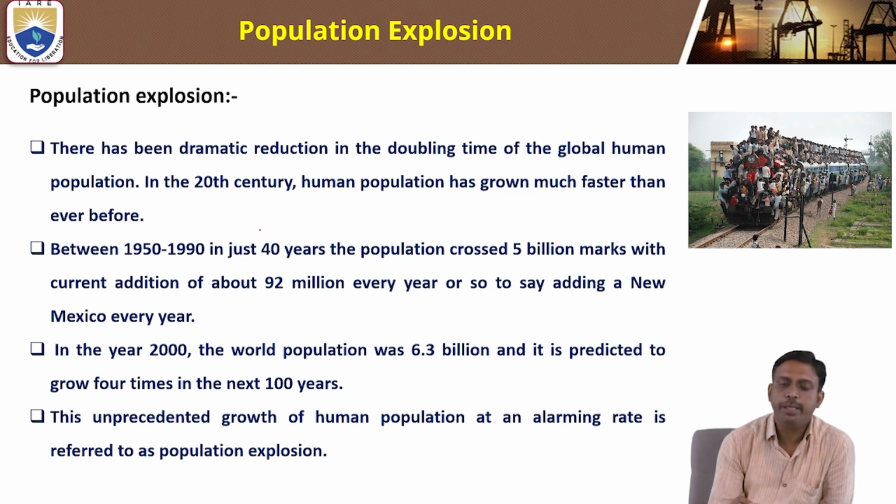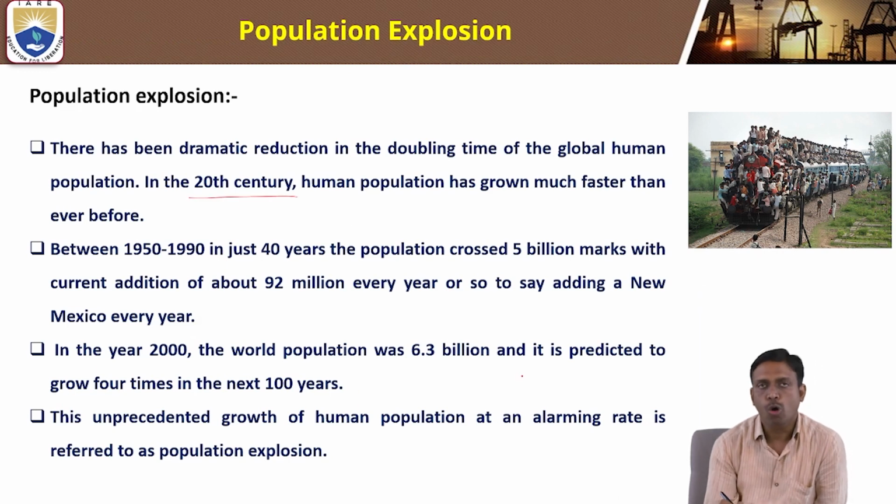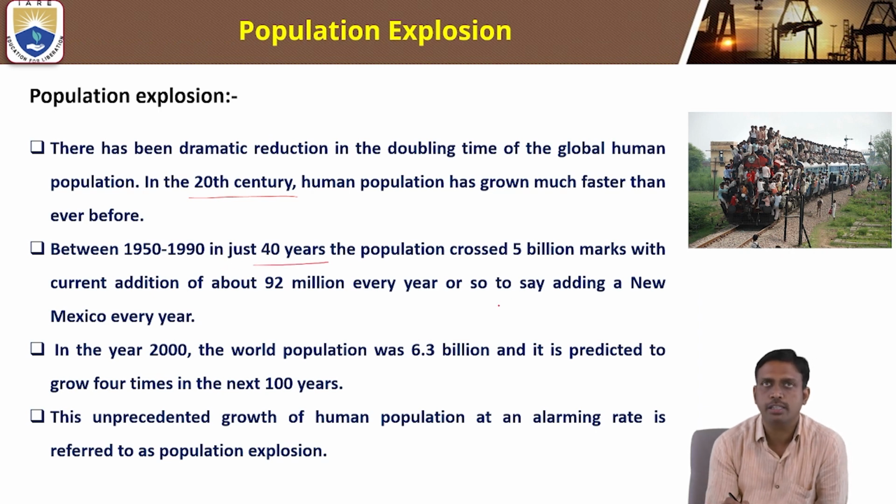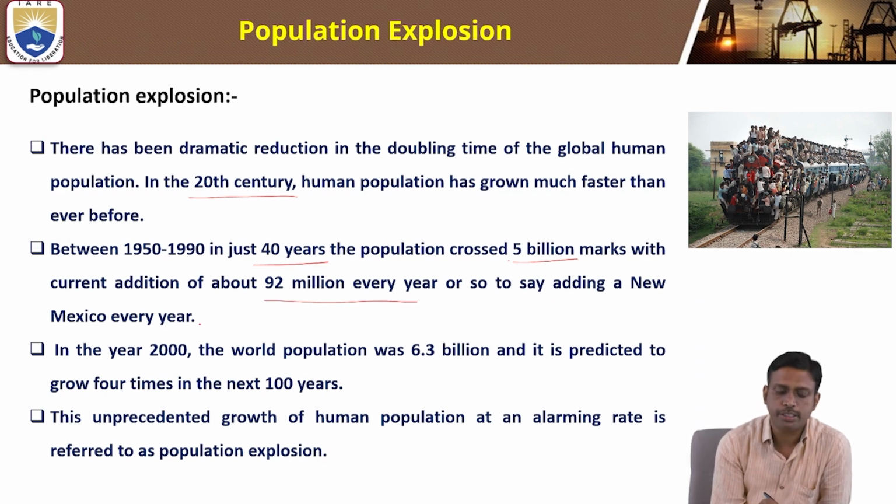There has been a dramatic reduction in the doubling time of global population in the 20th century. In the 20th century, world population has grown much faster than ever before. Between 1950 and 1990, just 40 years, the population crossed the 5 billion mark, with a current addition of 92 million every year, so to say adding a new Mexico every year.